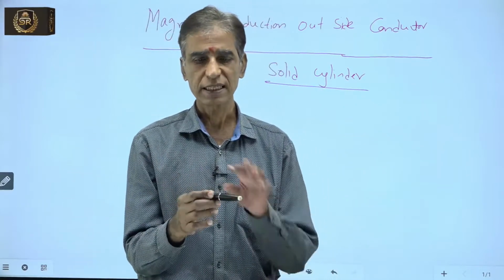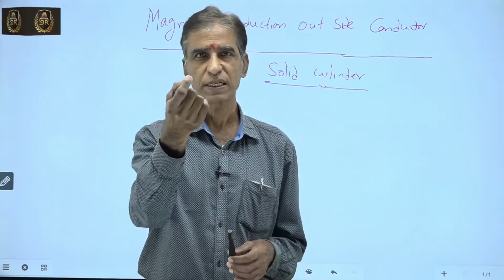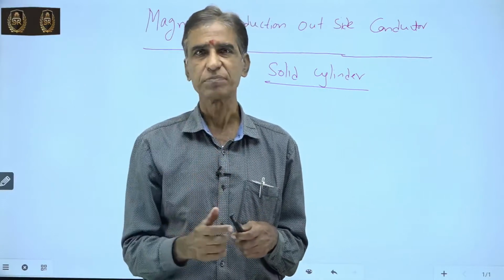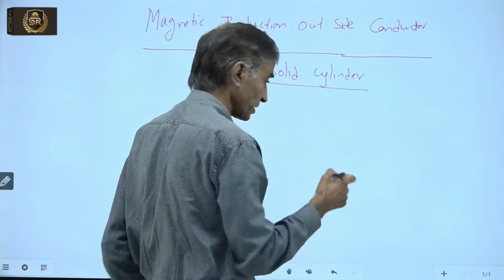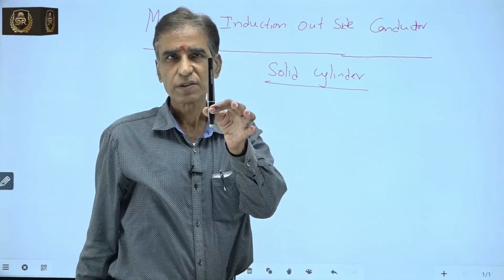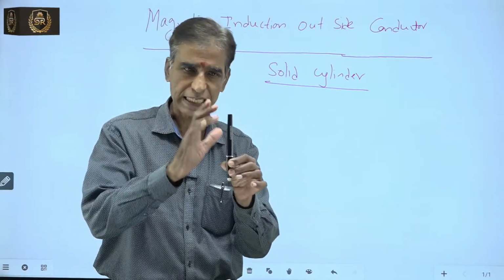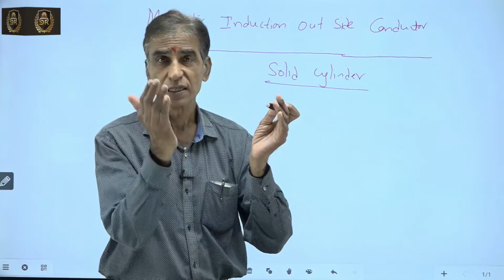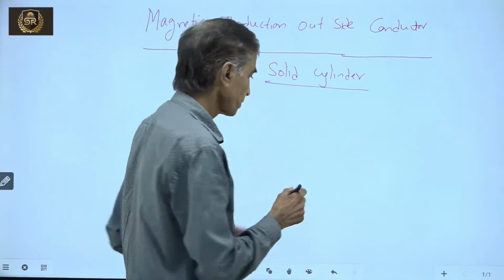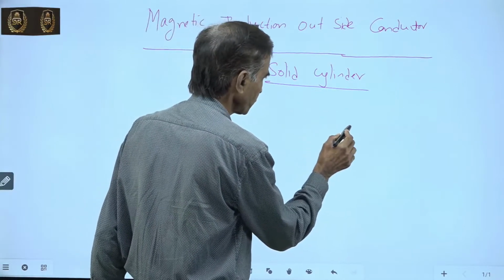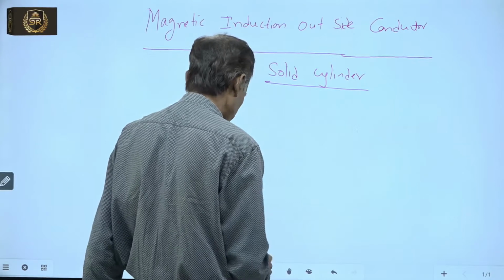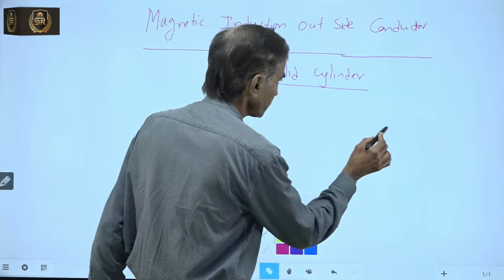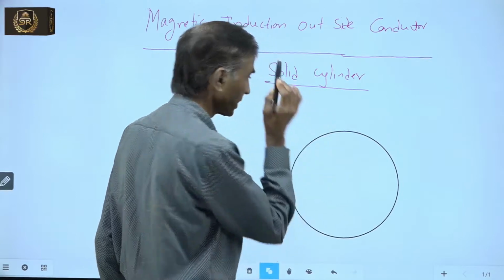Electrical wires, transmission lines, are all solid cylinders, cylindrical in shape, isn't it? When you cut the conductor, you can see it is just like a circle, because it is circular in section.